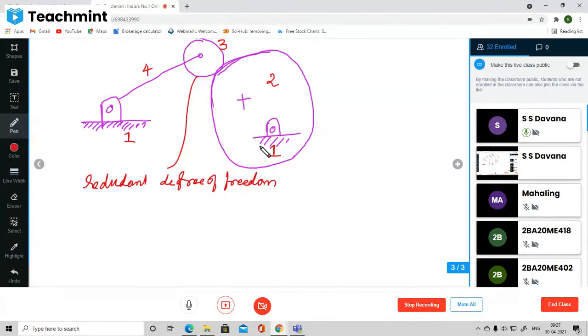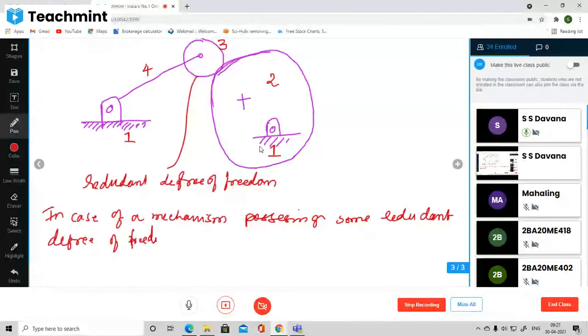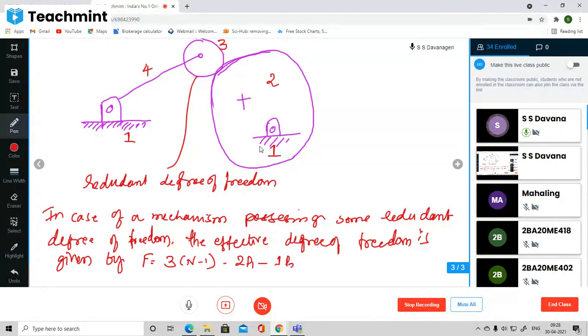Now, in case of a mechanism possessing some redundant degree of freedom, the effective degree of freedom is given by F equal to 3n minus 1 minus 2p1 minus 1p2 minus Fr.